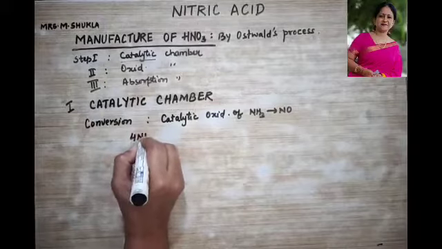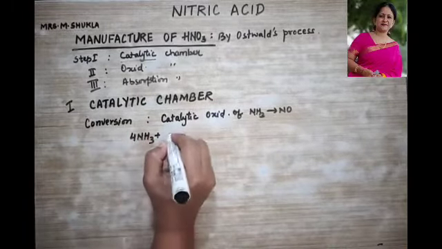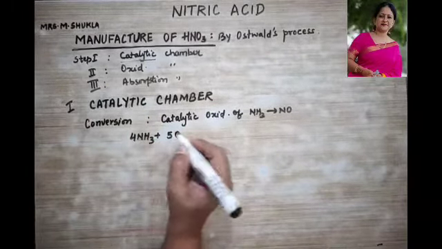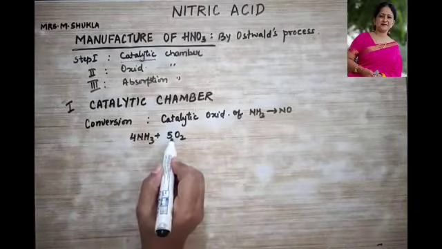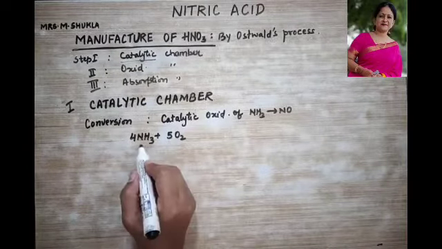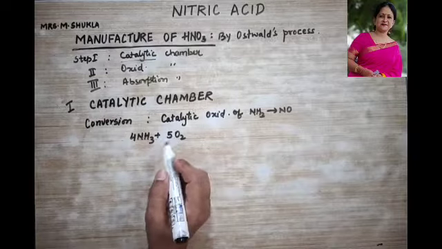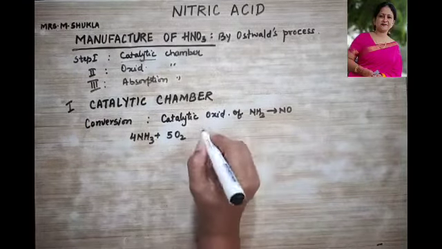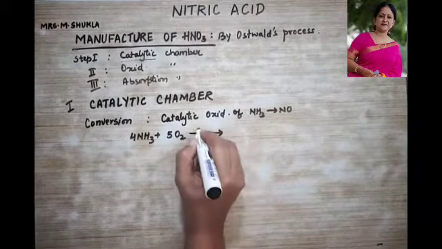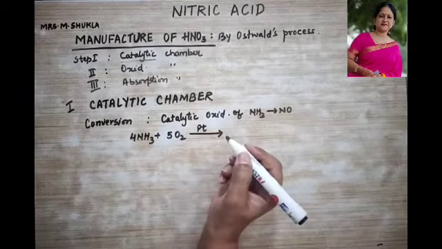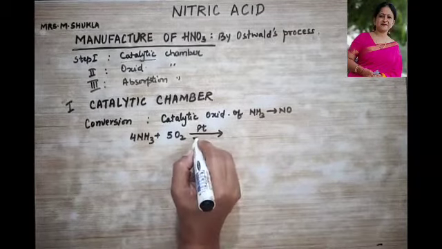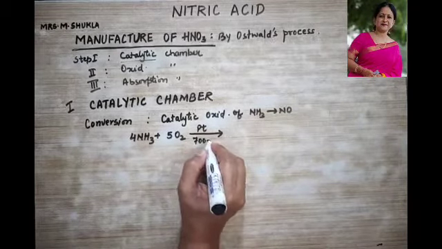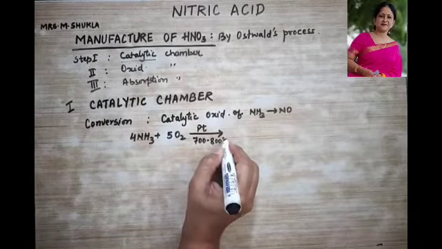4 parts of ammonia react with 5 parts of oxygen. What did I say? The ratio of your reactant should always be high so that it favors the forward reaction. What is the catalyst used over here? Platinum, right? What is the temperature to be maintained over here? 700 to 800 degrees Celsius.